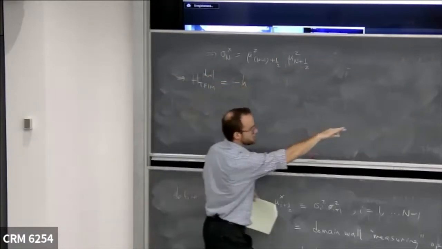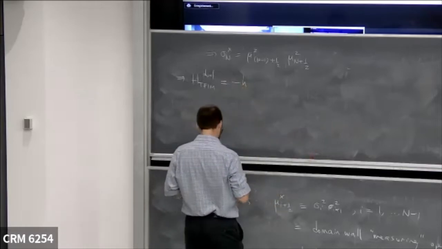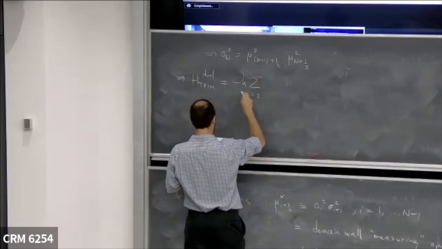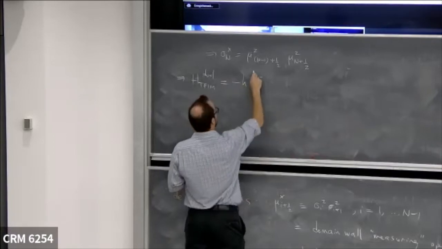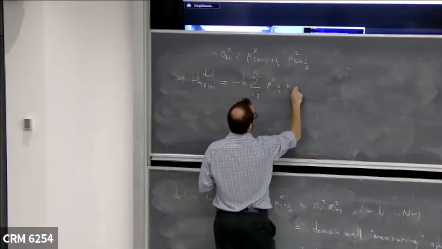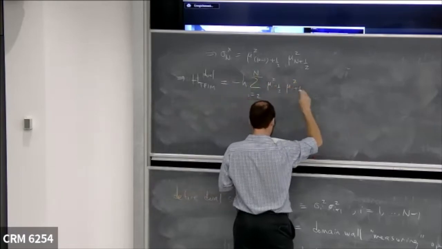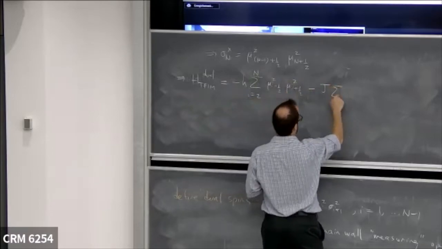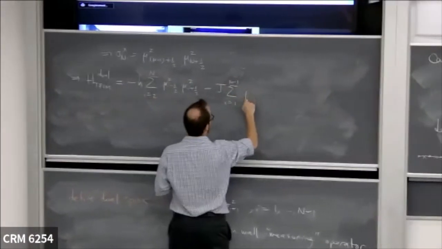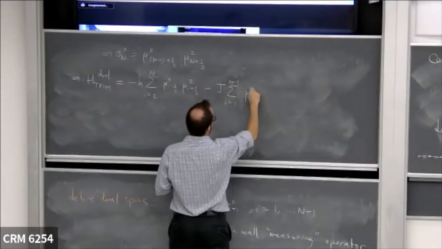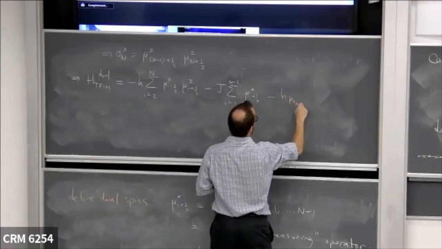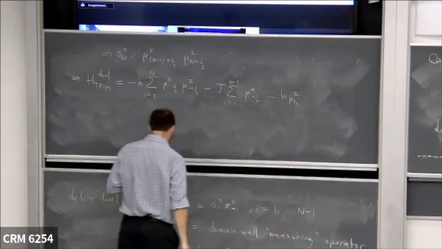So first I'll write the minus h couplings, and I'll put the 3/2 term at the end. So we'll have the sum from i to 2 to n of mu i minus a half z, mu i plus a half z, minus j, sum from i to n minus 1 of mu i plus a half x, and then this lone mu 3/2 z.